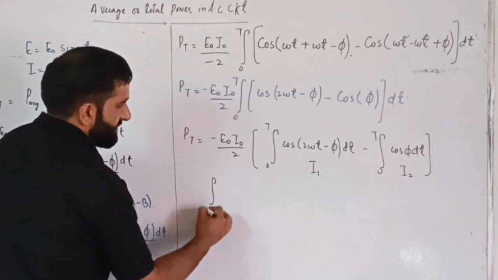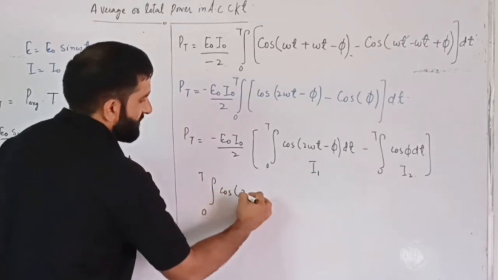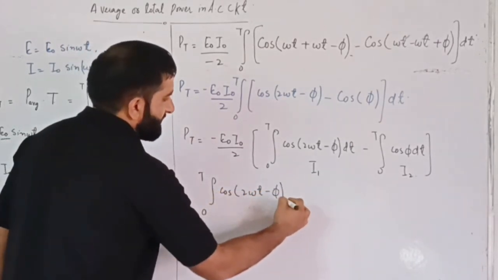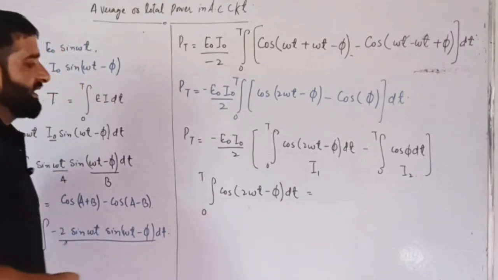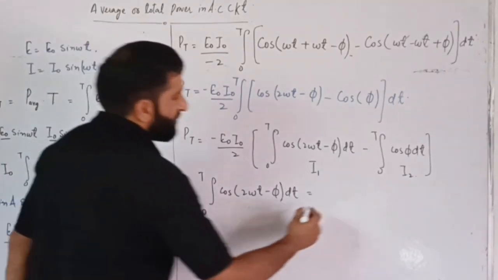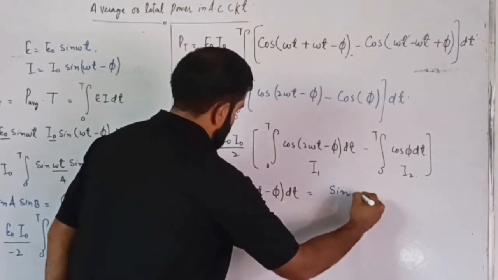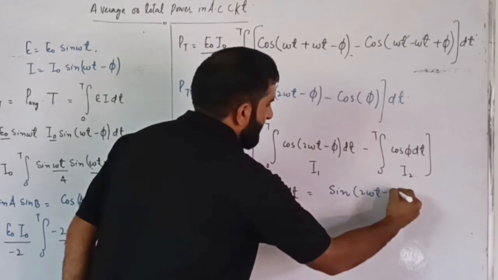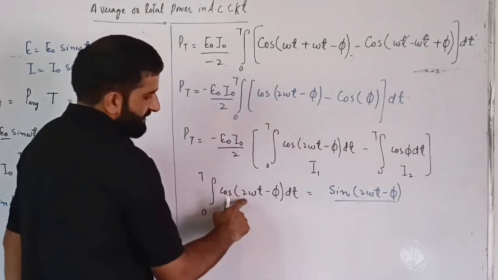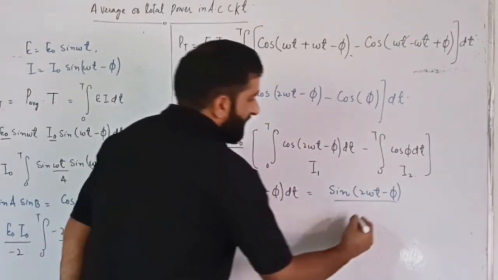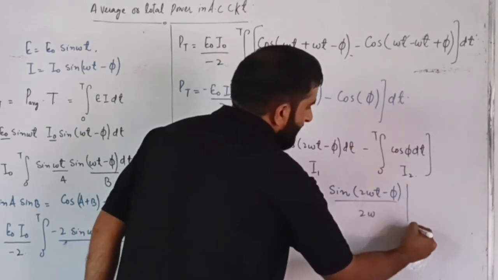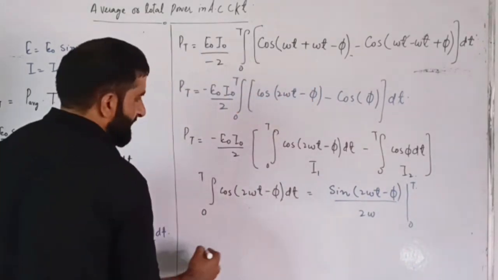So integrating from 0 to t cos of 2 omega t minus phi dt. We know that the integral of cos is sine, so we will have sine of twice omega t minus phi, and the integration of twice omega t gives 1 by 2 omega. So we have 1 by 2 omega from 0 to t.